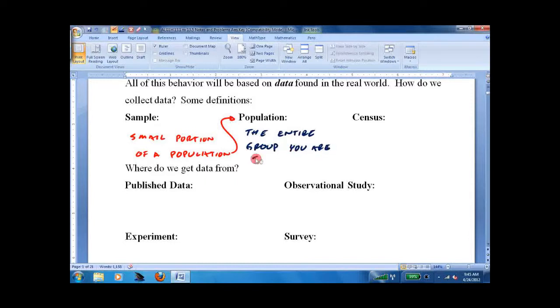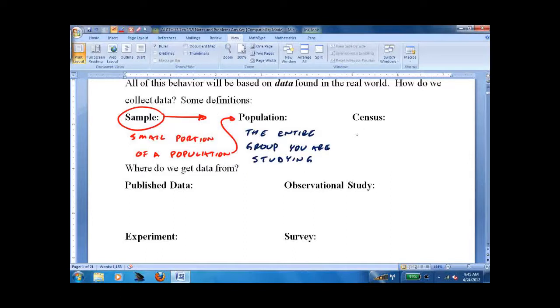So if you're working in the solar system on planets, then it'd be all the planets. If you're working on a farm, just your farm, then it'd be all the fruit or crops on your farm or whatever. So rather than count them all up, we would just take a small sample of the entire population, analyze that, and assume that that will help us understand the whole population.